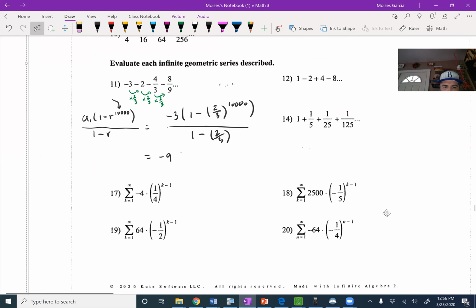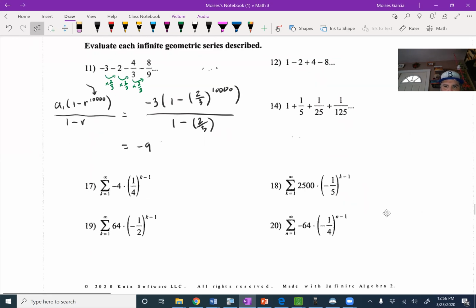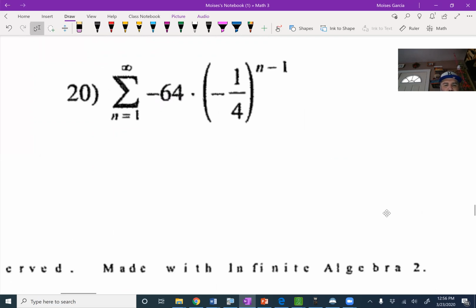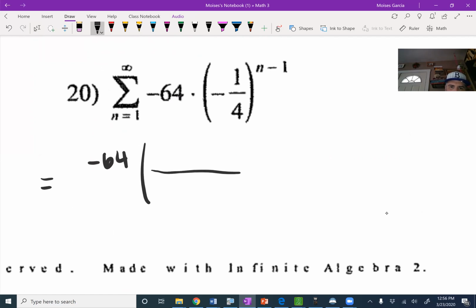Now, if we do one that looks more like the sigma notation, this already has all the info that I need. I don't need to come up with a list at all. What I need is that first term, which is -64, and then times 1 minus, in this case, r is -1/4, to the power of 10,000.